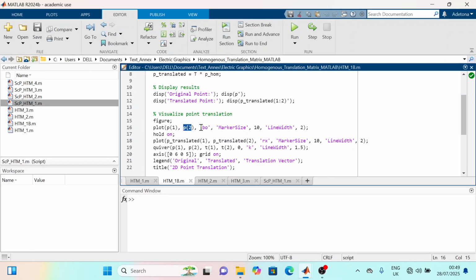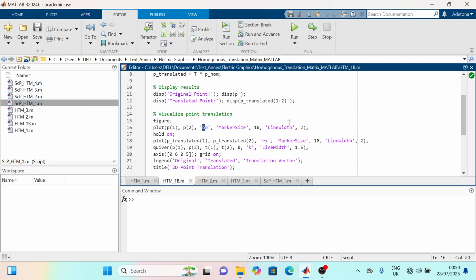So now, to indicate the color of the plot, we use a blue color, and that is what this b is indicating. And the marker is represented using O, and the size of the marker, which is O here, is 10, and the thickness of the line is 2. That is what this one is representing. But if you don't know what to write here, just leave it.